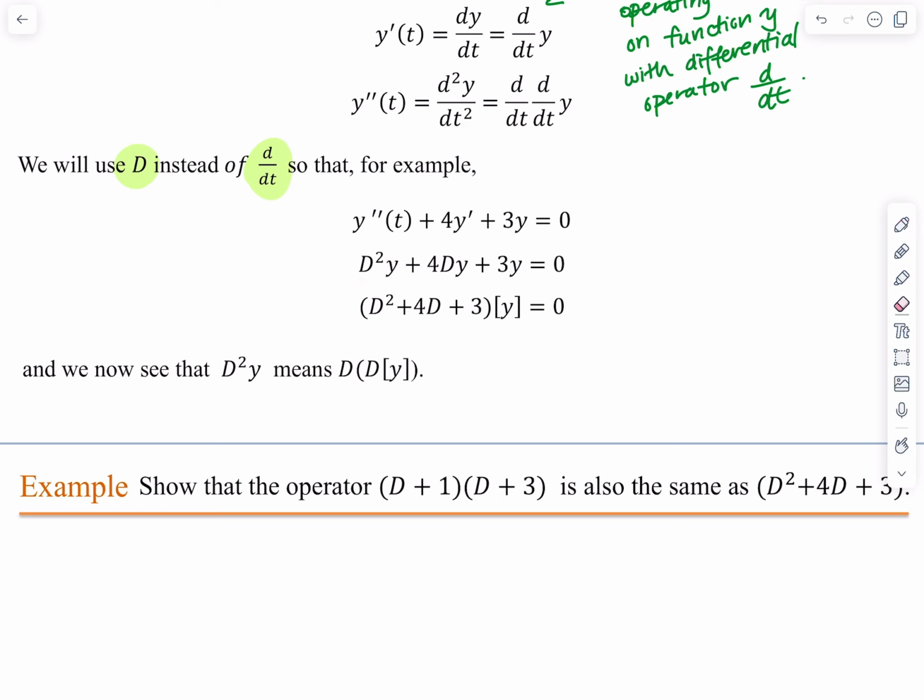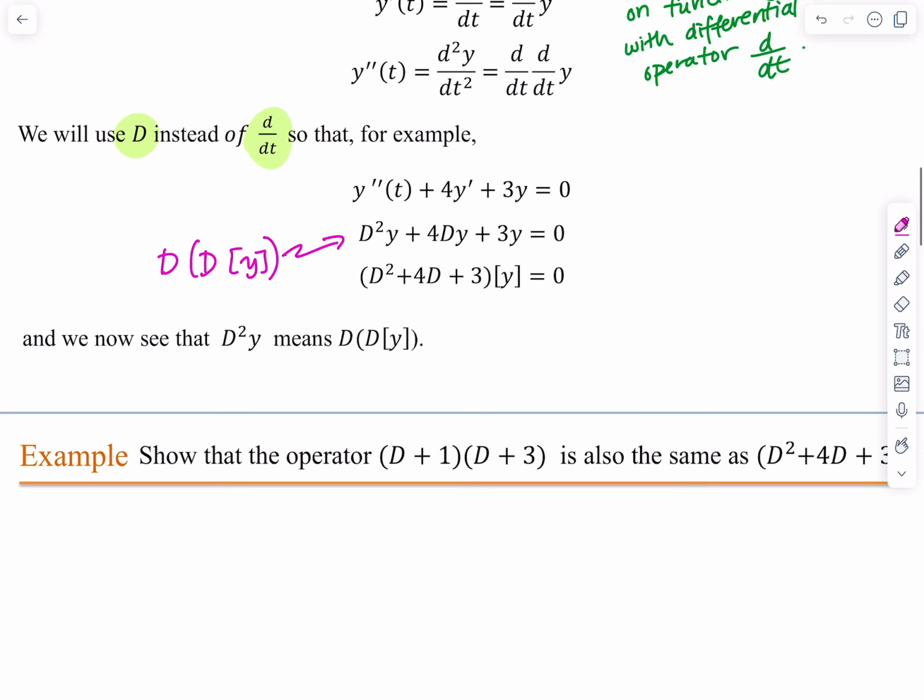And now, as you can see, we have D squared plus 4D plus 3 of y is equal to 0. And we also interpret this D squared y as meaning the derivative of the derivative of y. That's written right there.